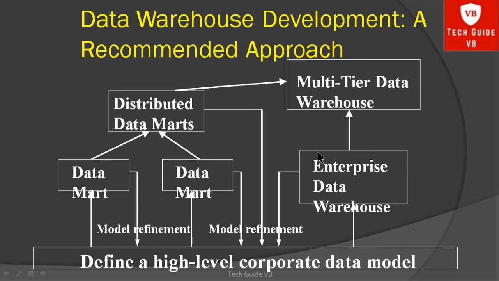And it has the enterprise data warehouse. So we can combine these three models for developing our data warehouse. So it is the recommended approach, and we can get the high level corporate data model here.